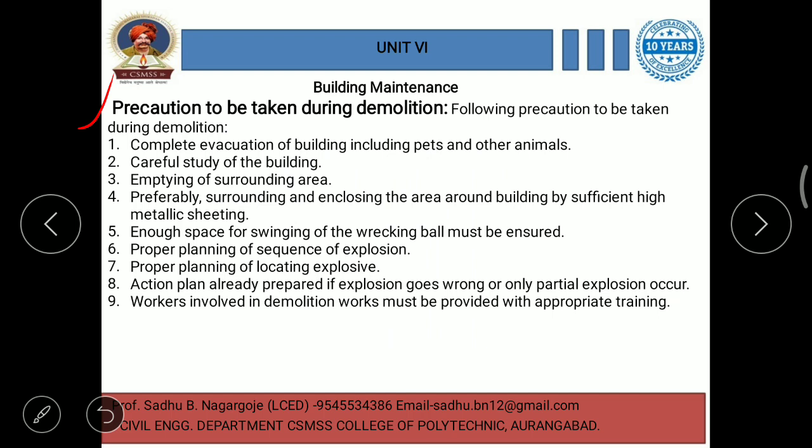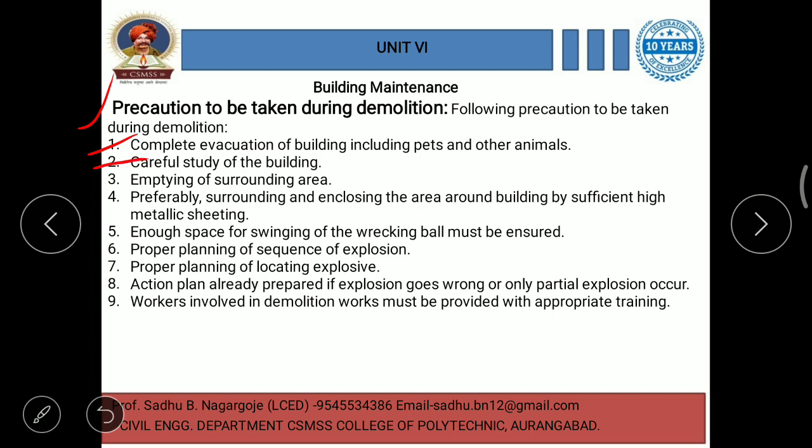Then the precautions to be taken during demolition. There are some precautions that need to be taken while demolition of any structure. Complete evacuation of building including pets and other animals.